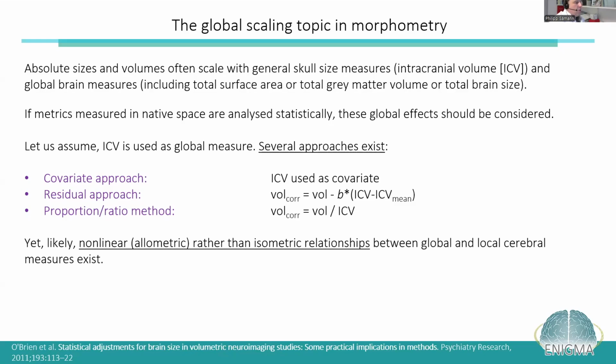The residual approach is not applied in the final model, but it is applied to your specific feature and you get a corrected feature, in this case, a corrected volume. This method subtracts or adds a certain amount depending on how strongly ICV correlates with this feature in the entire study group.